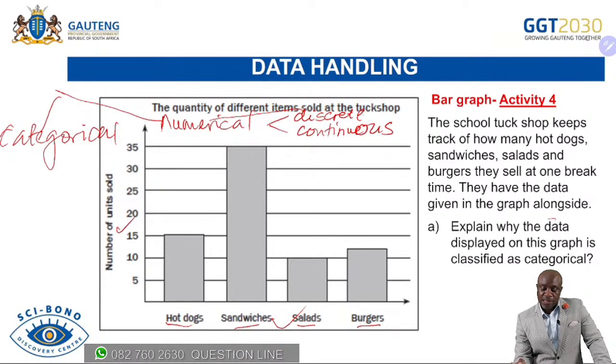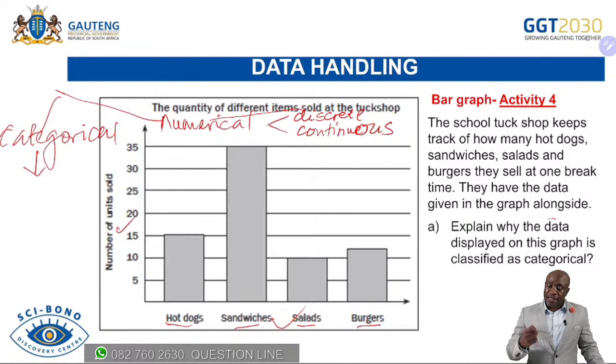Discrete is when your data only exists in certain numbers, that is whole numbers, and you can't have it as fractions or decimals. And then continuous is when your data can be any number, it's got by measuring. I'm reminding you of those things. And when we say categorical, this data exists in description. Now, hot dogs and all the other foods, these are descriptive.